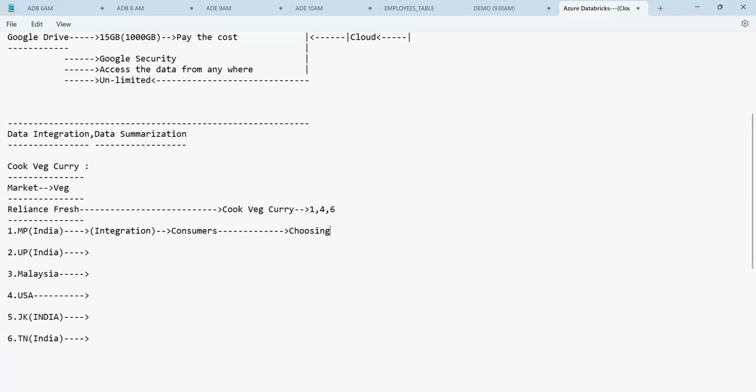Yes, this process is called choosing of vegetables from the whole list. You might have 1,000 vegetables in the supermarket, but you will choose only those required to cook your curry. Hence, we can say choosing of the vegetables.